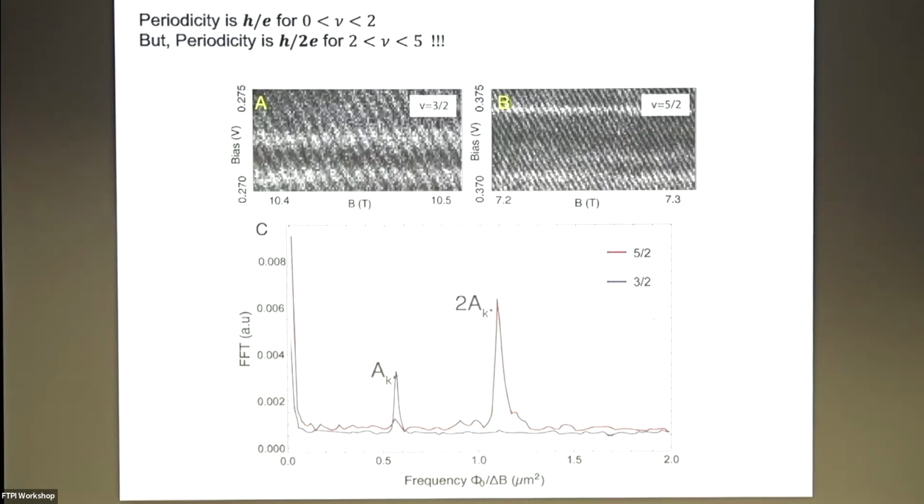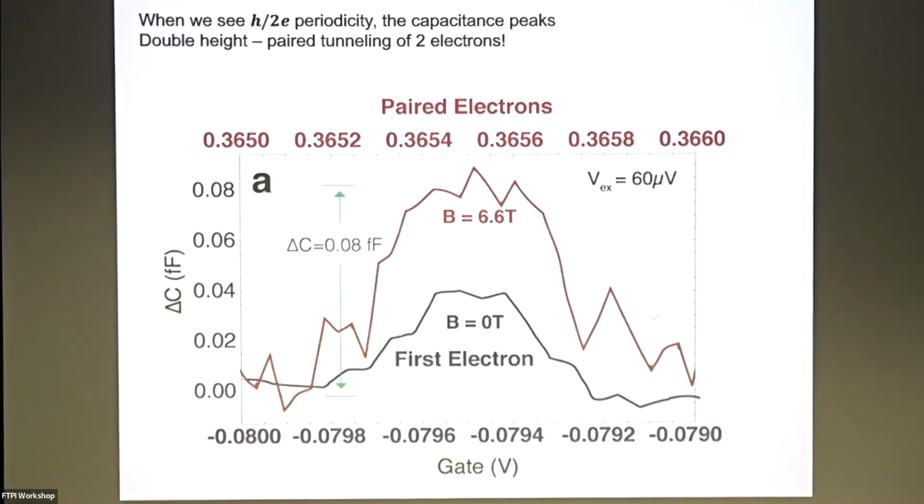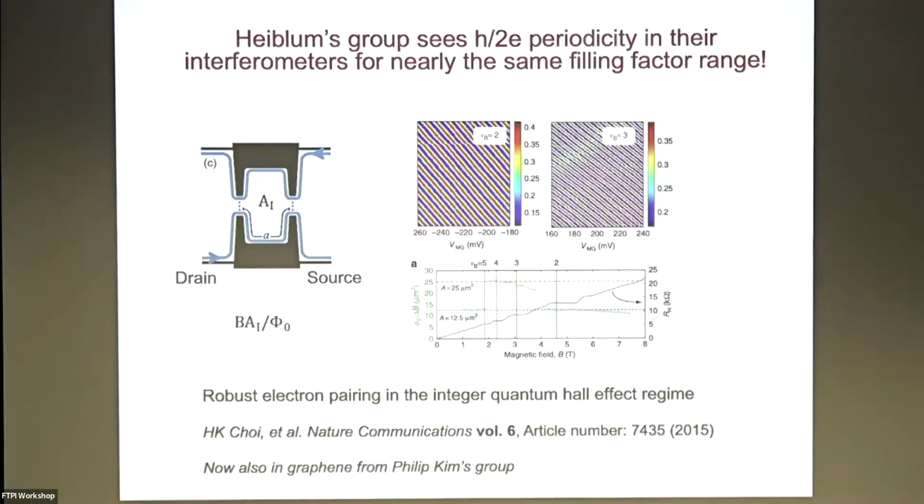If we looked at the spacings, again, it's a factor of 2 apart, but also if you look at the peak heights of these capacitance peaks, when you're at filling factor 5/2, you are getting, again, pairs of electrons. This isn't supposed to happen because electrons are supposed to repel going into the system together, whereas at filling factor 3/2, you get peaks that are 1 electron peaks.